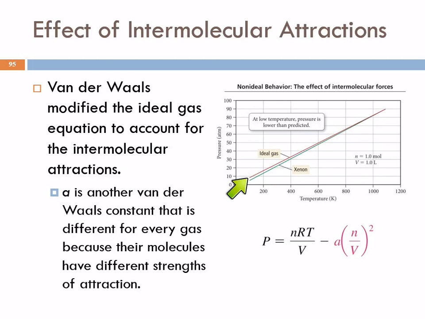And as we go to lower and lower temperatures, the difference increases because the interactions between xenon atoms have more time to happen. So there's another variation to account for intermolecular attractions. It's van der Waals constant a times the moles of gas divided by the volume, that quantity squared. And that is subtracted from the predicted pressure.